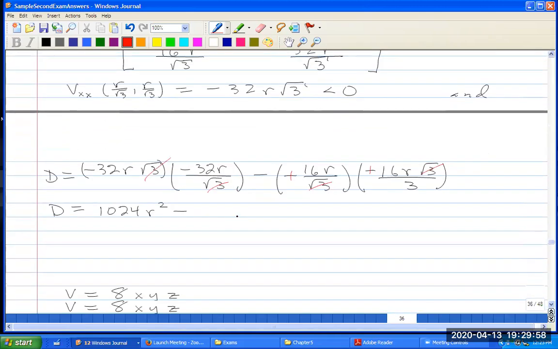It would be over 3. So minus 256 over 3 r squared. So it's going to be some positive number. So 1,056 minus the 256 over 3 will give you, multiply that by 3, 2,912 over 3 r squared.